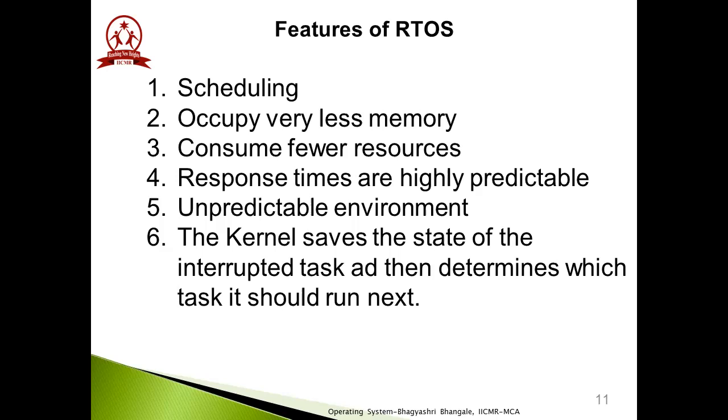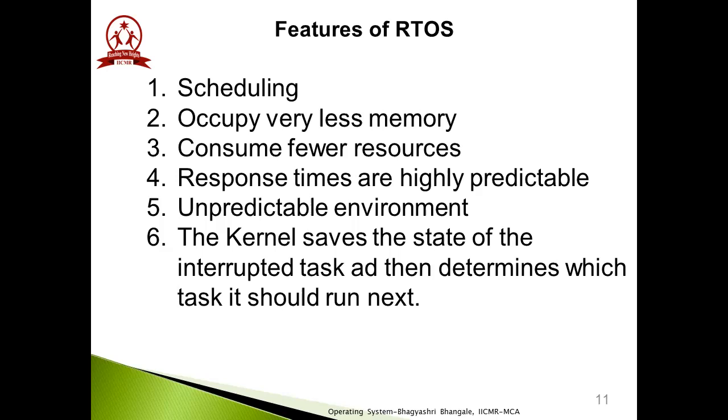Now your second feature is that it can occupy very little memory when a real-time system is used. Why? Because whenever any event is set for execution and that event doesn't occur, this system doesn't waste time on that particular event. So it occupies less memory.